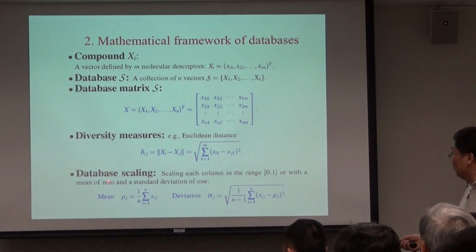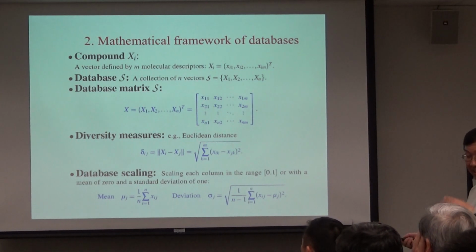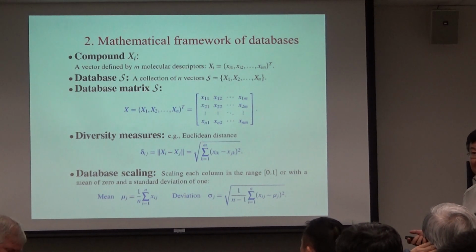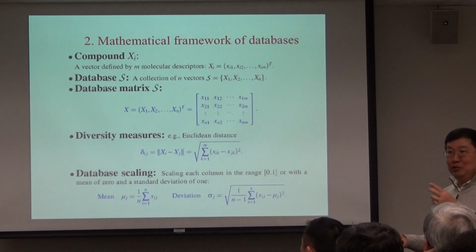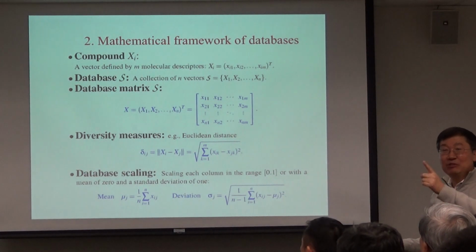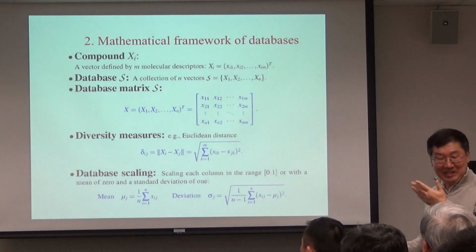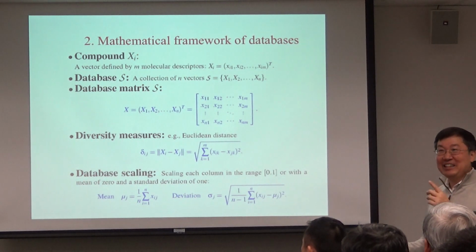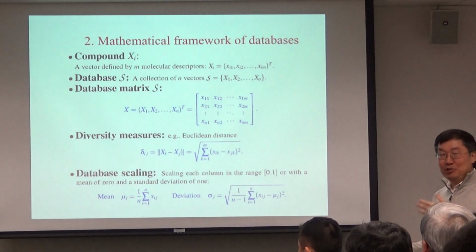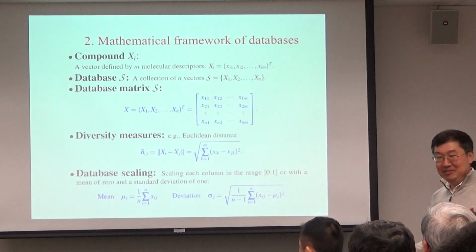That's important. And then we have to do so-called scaling, because you have a sampling. You thought of this as a random matrix in some sense. For example, in my point of view, I can regard each descriptor as a random variable, and they produce a random value for each compound. That's the reason why I'm going to do principal component analysis, PCA.